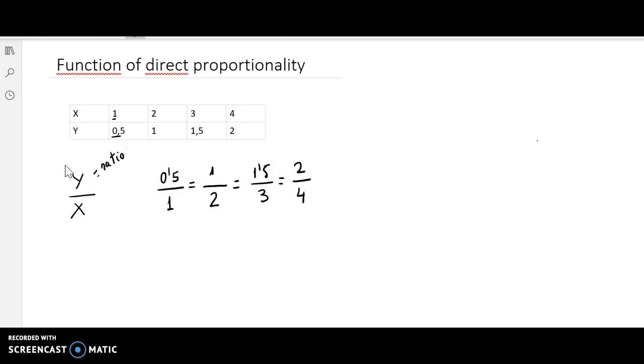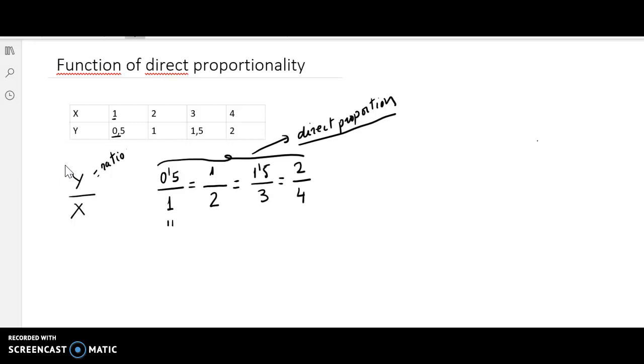So to see if these ratios are equal, if this is a proportion, this is a direct proportion. So to see this, we need to divide the numerator by the denominator.